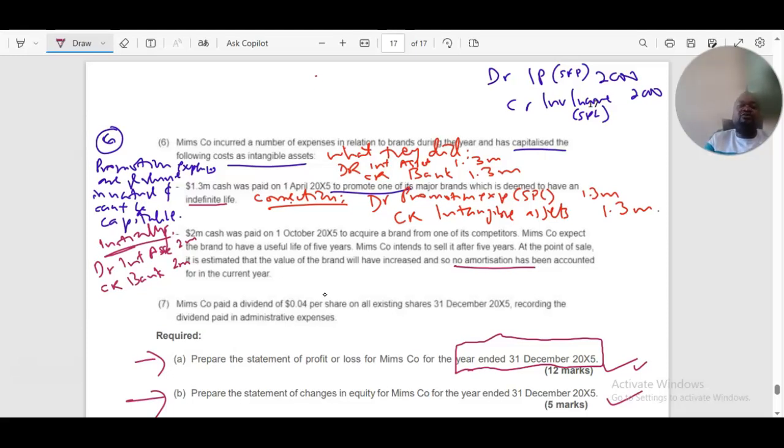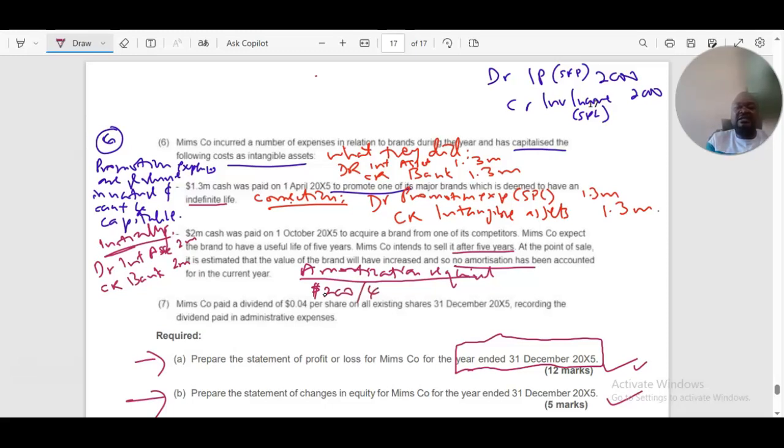So we then have to do the amortization required. We are told that this brand will be there for 5 years, and it has been acquired for 2 million, so that's 2,000 over 4.